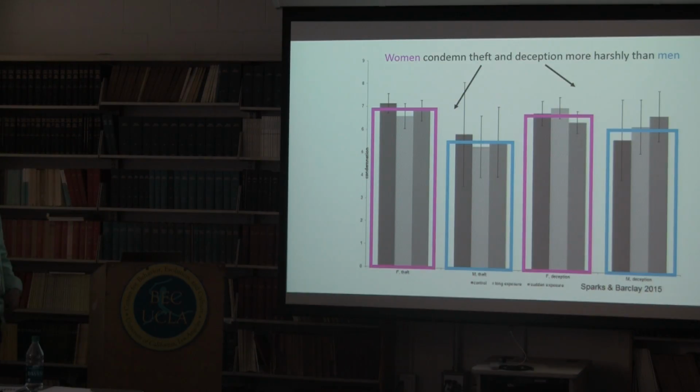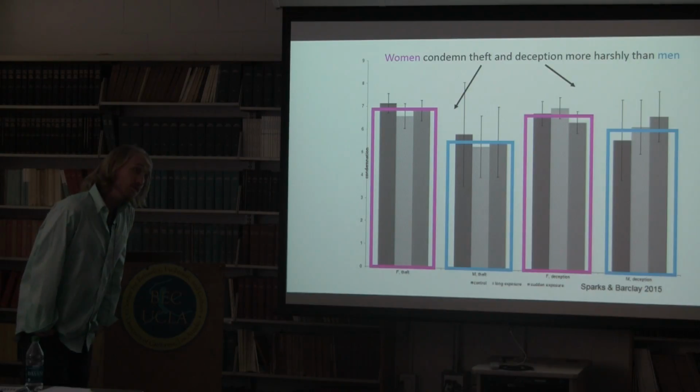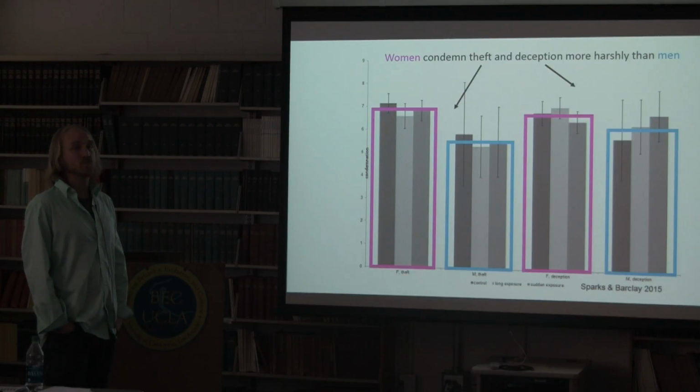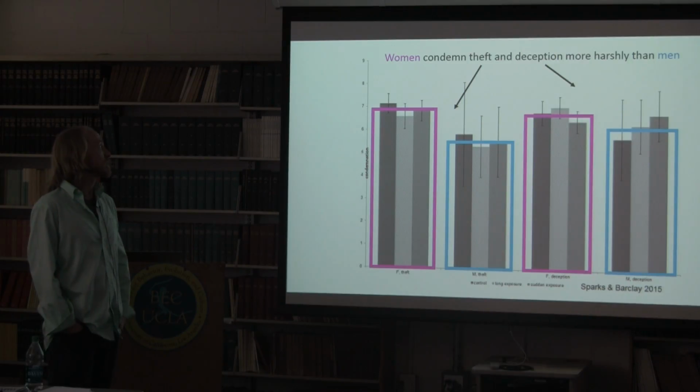Yeah, so what I wanted to ask is, bracketing all that and assuming that this is tapping into something about moral disgust, do you have any hypotheses as to what's explaining the difference in variance? Sample size. That's pure sample size. Yep. There are fewer men in this study than women. That's all it is.